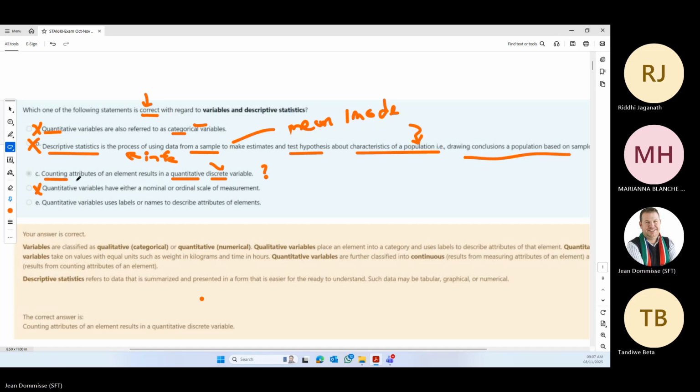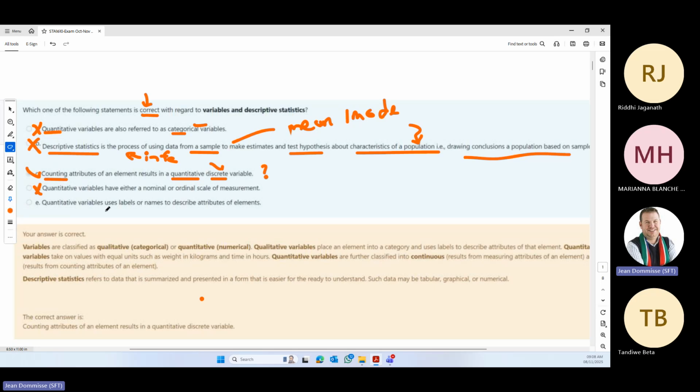Counting also shows how you need to think in the exam. Counting attributes of an element results in a quantitative discrete variable is correct. Quantitative variables have either a nominal or ordinal scale: incorrect, it's qualitative.